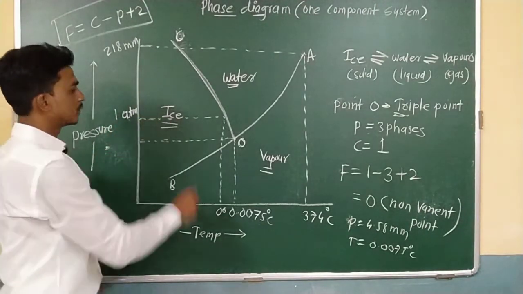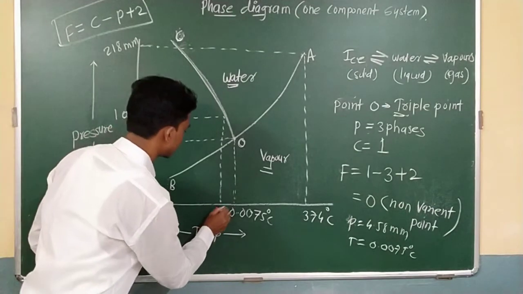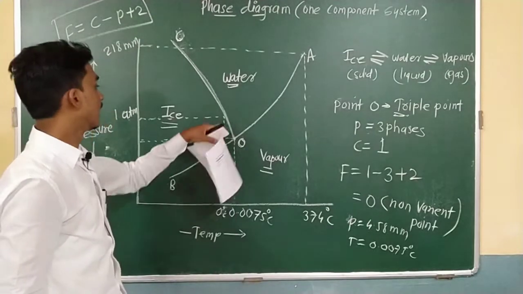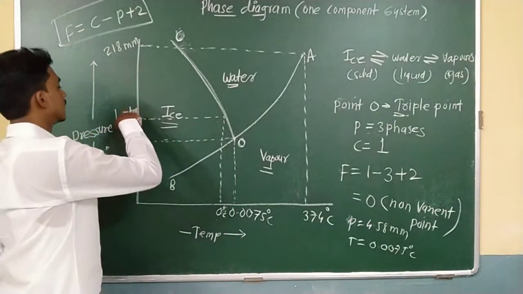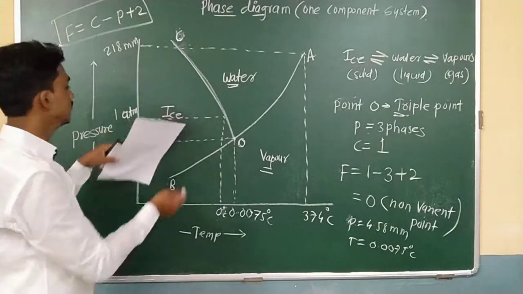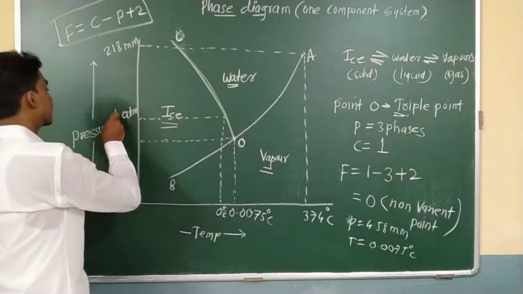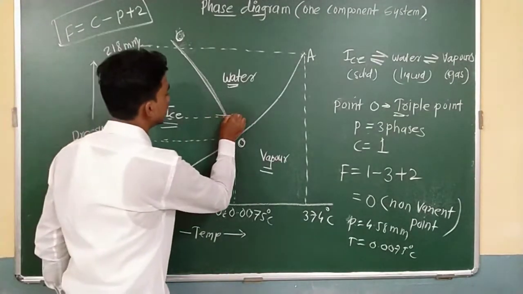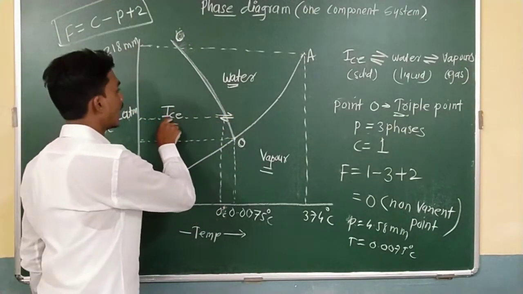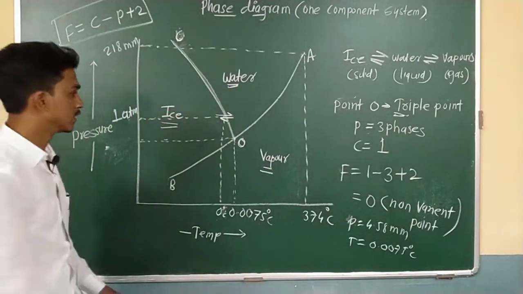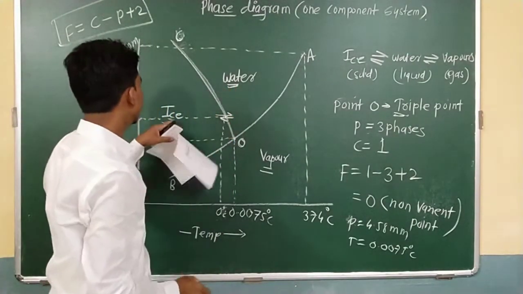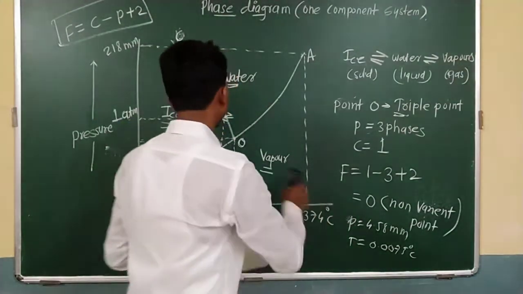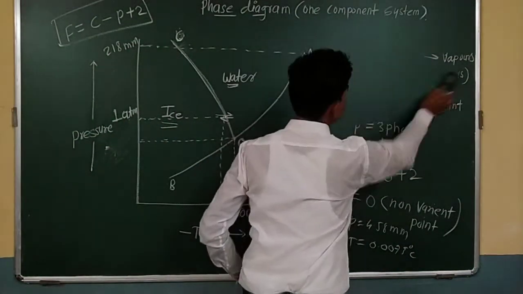If I decrease the temperature to 0 degrees Celsius and increase the atmospheric pressure somewhat, to 1 atmosphere, then at that point the equilibrium exists between what? Ice and water. So point O is covered here.